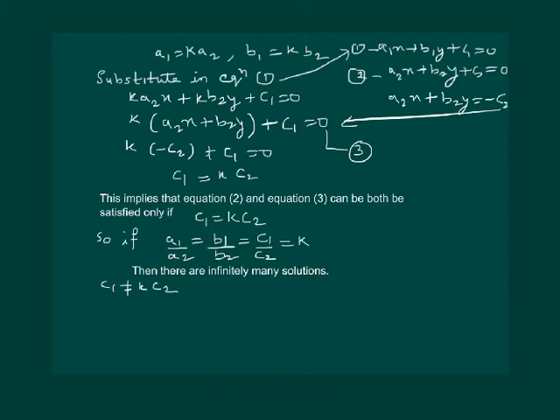Therefore, the pair of linear equations will have no solution, and we can write this as if A1 by A2 is equal to B1 by B2 but not equal to C1 by C2, then there is no solution for the pair of linear equations.